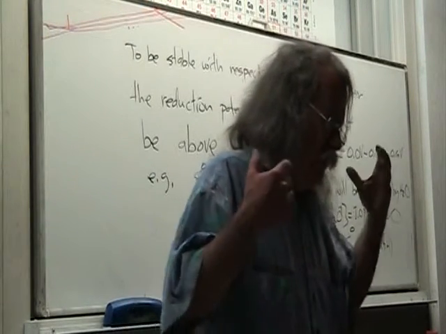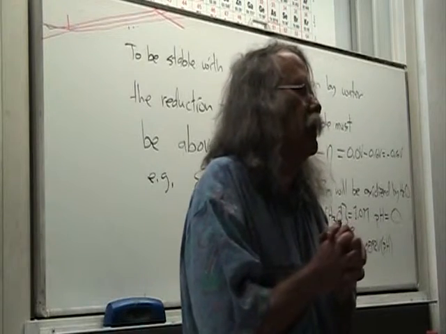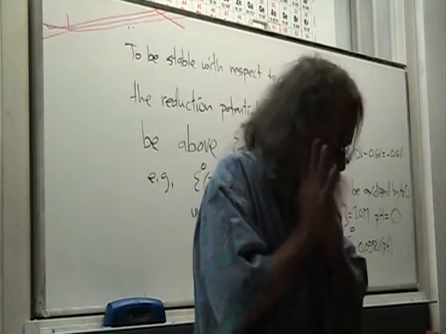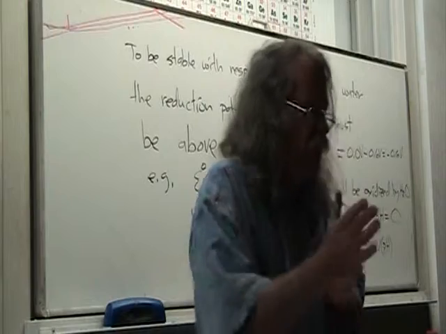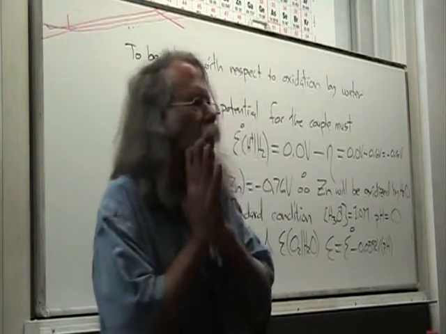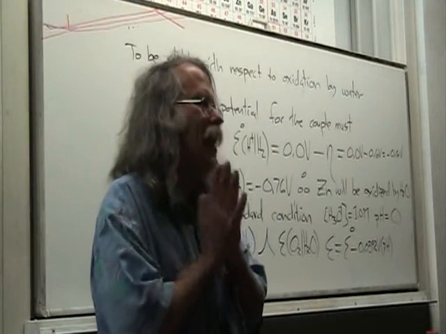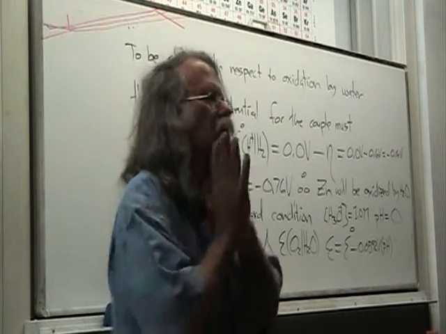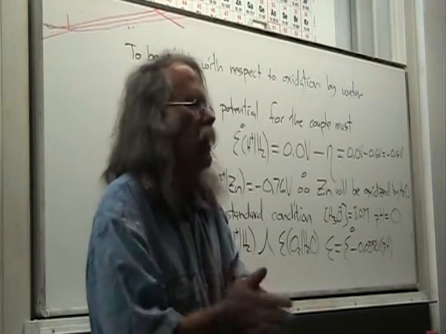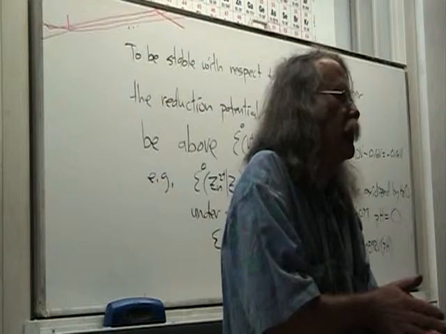So if the reduction potential is greater than minus 0.6 volts at 0 pH, because that's all we're asking, they're stable with respect to oxidation by the solvent.